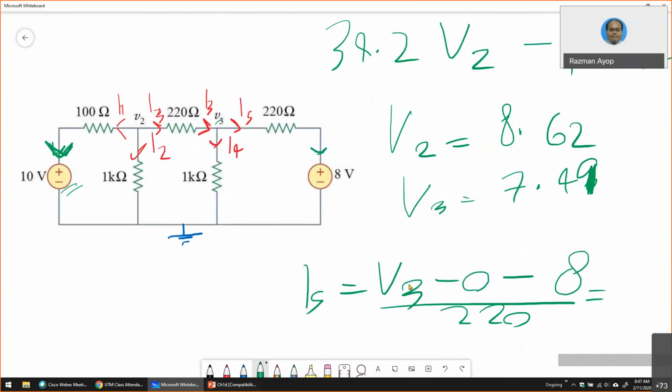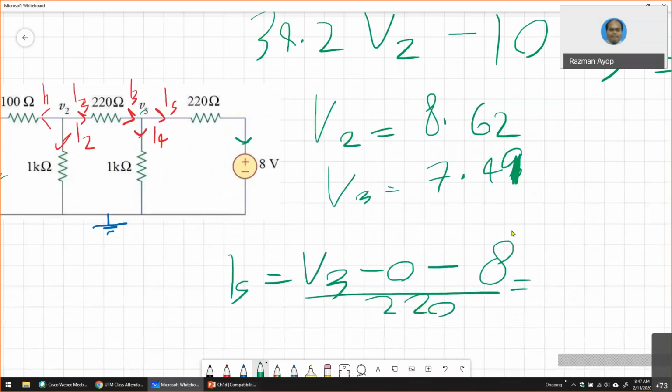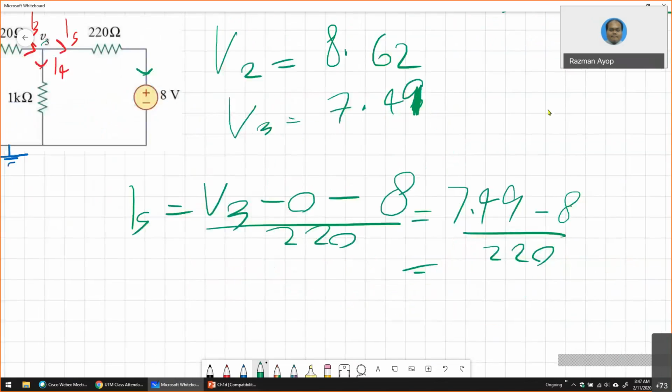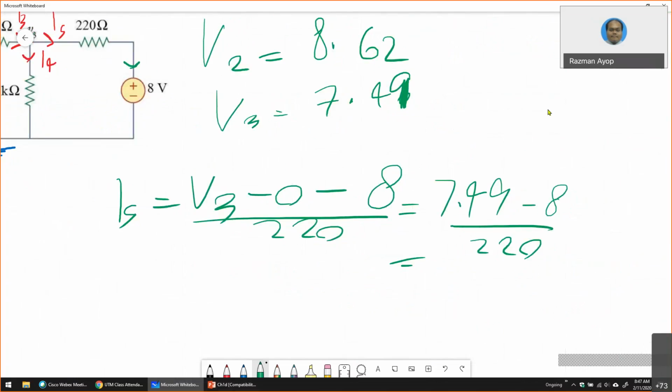So V3 is 7.49 minus 8 divided by 220. So you get negative 0.02.